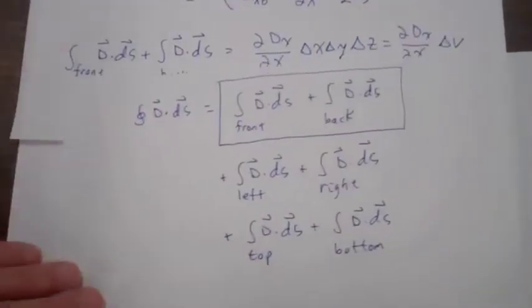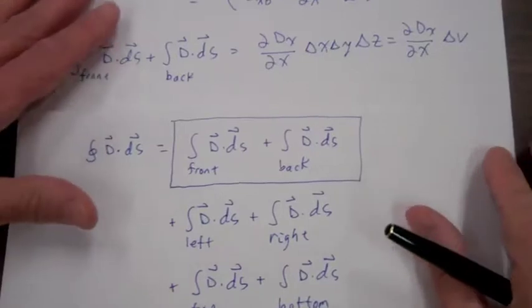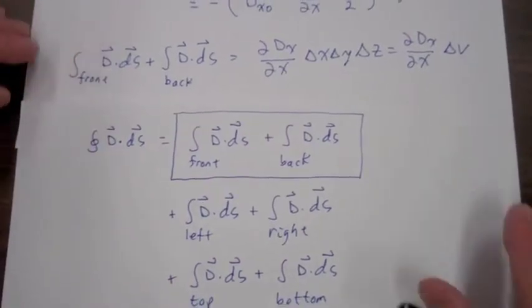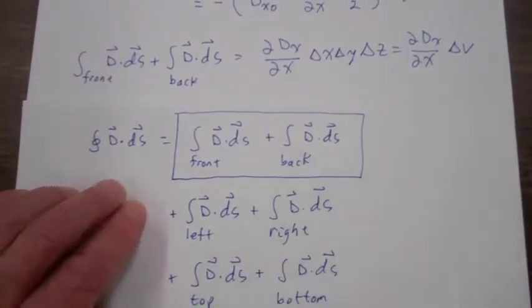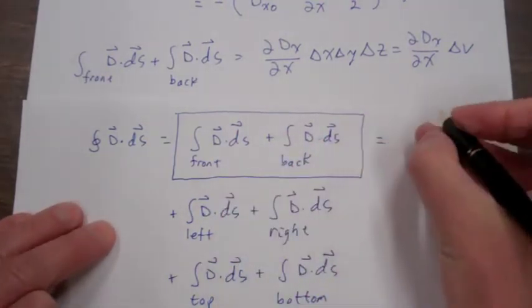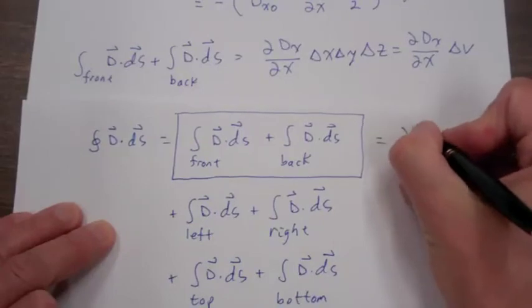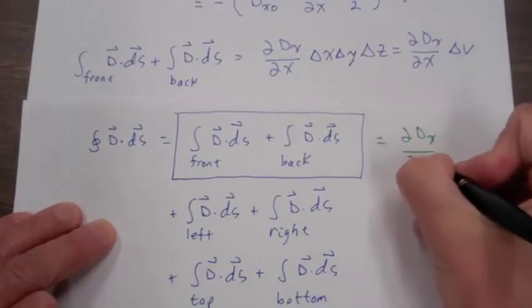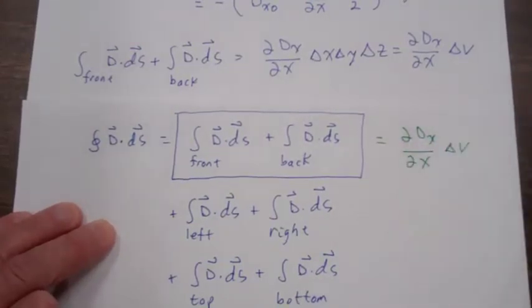Okay, so now if we go back to our equation for the integral of d dot ds around the whole cube, we see for the sum of these first two terms, the result is partial d sub x with respect to x times delta v.